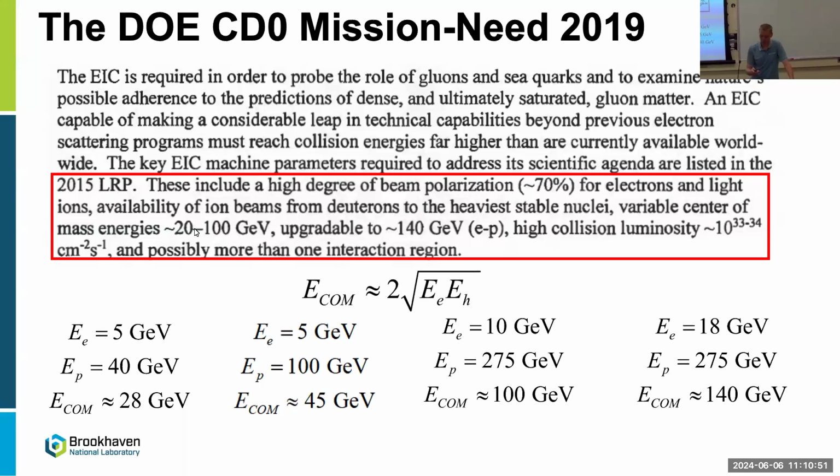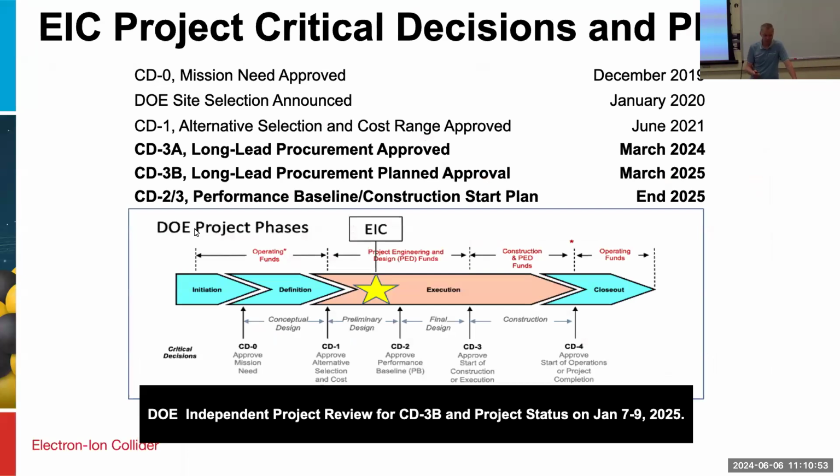So now, of course, just one slide for you to understand how the projects are constructed in the US. These 4 lines are all in this document called the mission need statement.